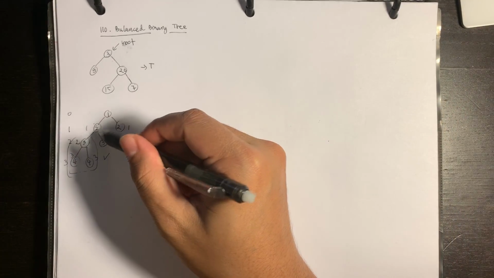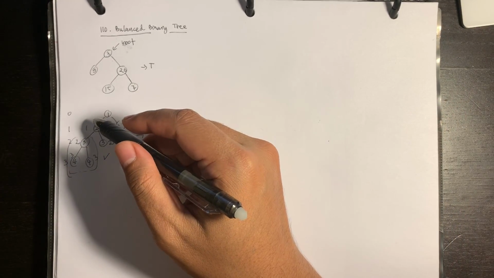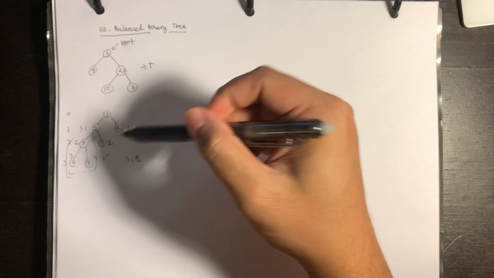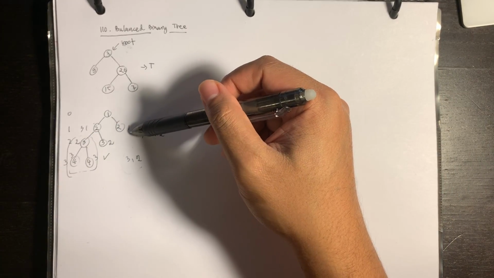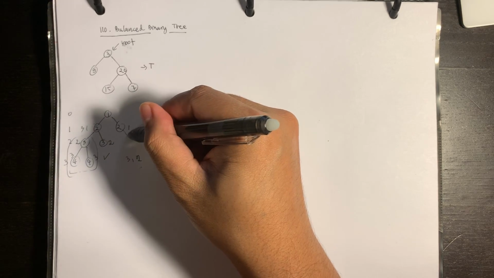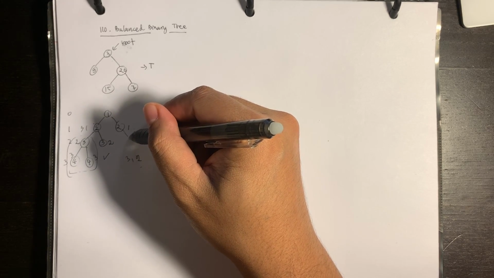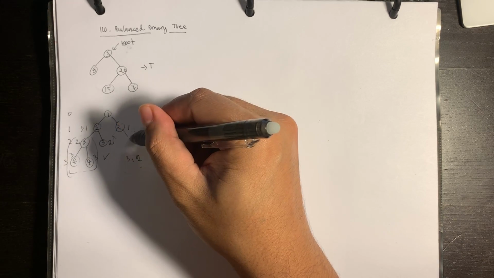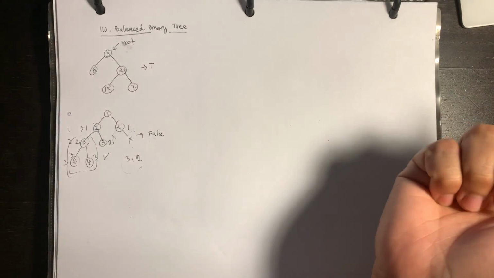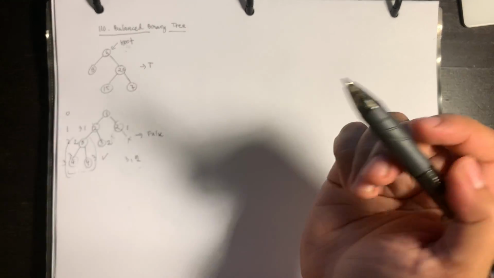However, this one gets return 3, and this one gets return 1 because it hits none. So 3 and 1, there's a difference of 2. That's why we want to return false.